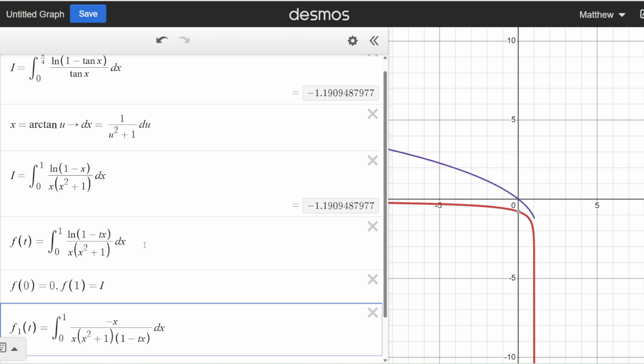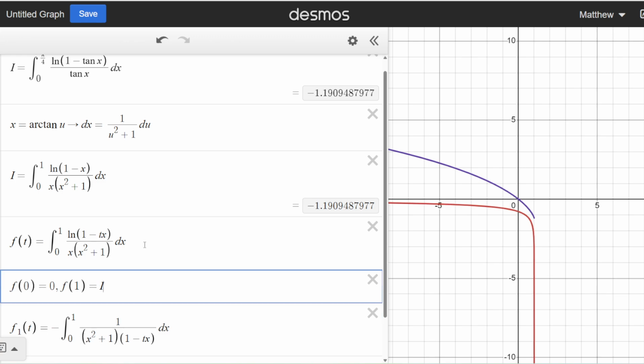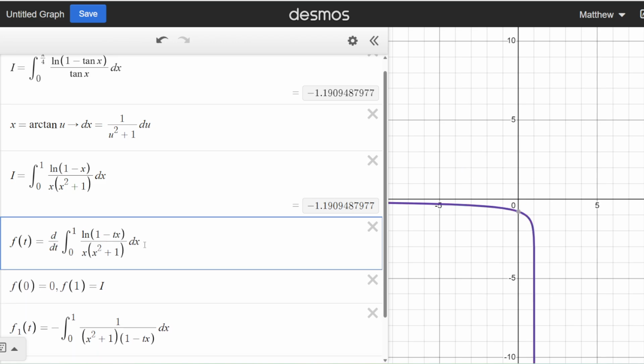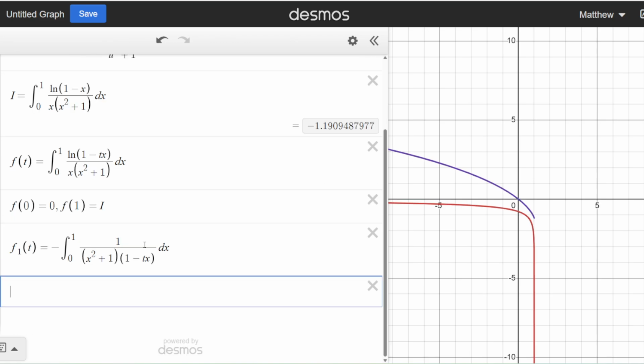We'll bring the negative outside. These x's will cancel, and we're just left with this. Then I'm just going to check to make sure I did the differentiation right. Put a little d dt in front of that, and I did. Okay. All right, so now what are we going to do?